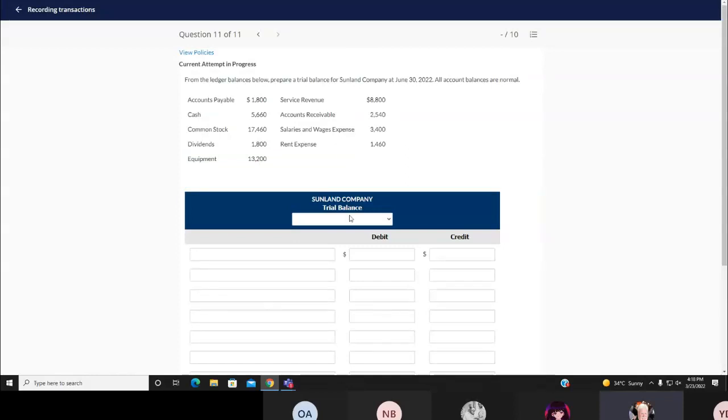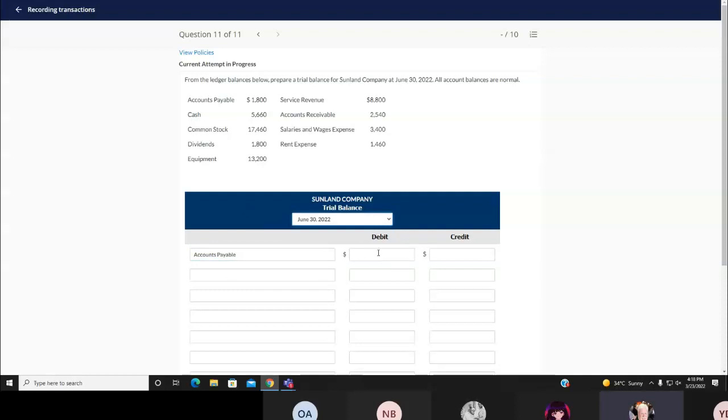All right, this is a trial balance. What you do is you put in these accounts and you put the balance. If everything is right, the debits will equal the credits. So, put trial balance as of June 30th. Put the heading in.